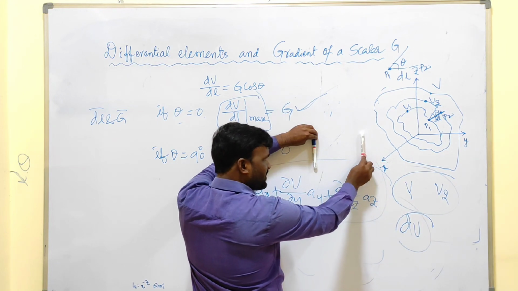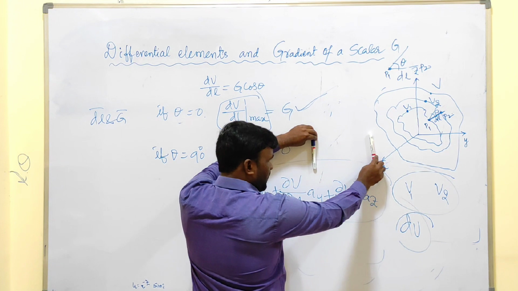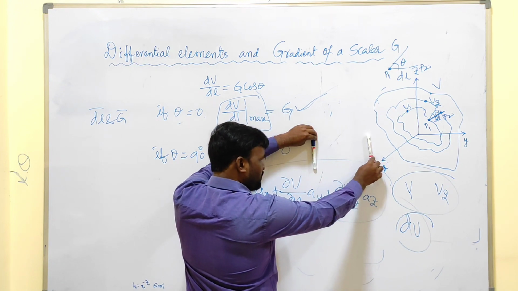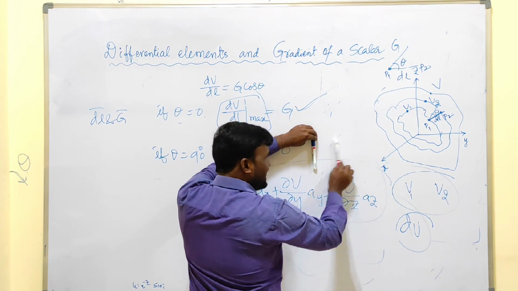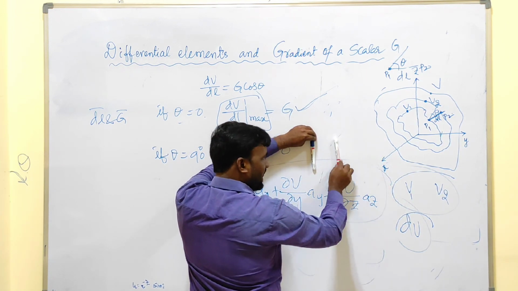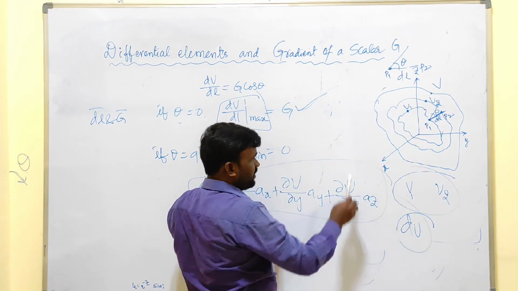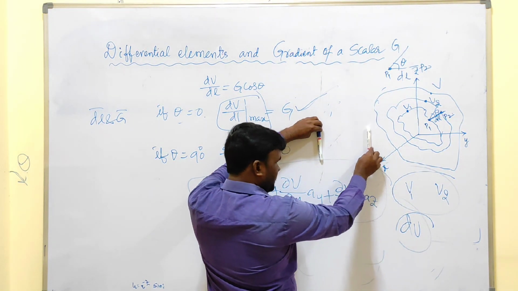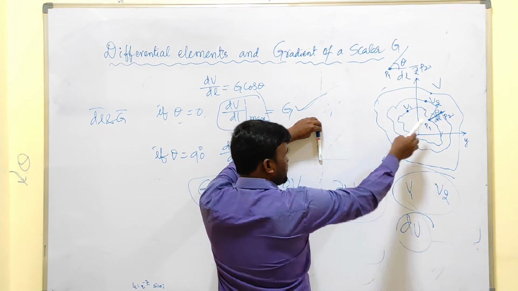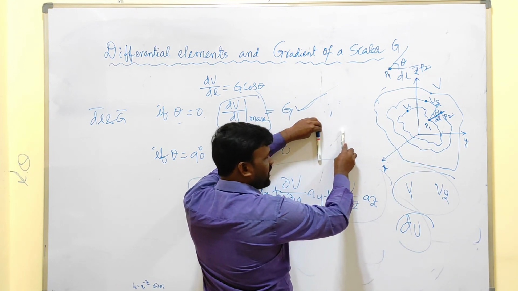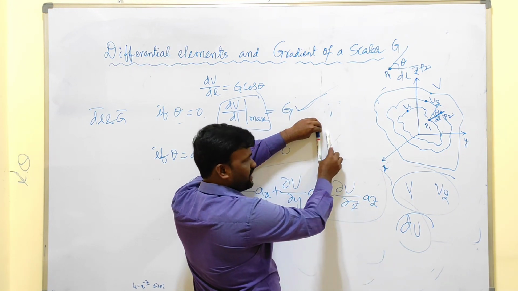If it is coming in this direction, that means temperature is increasing. Here it is displaced from this point to this point. That means the displacement is dl. The movement of this object is like this, that is dl. The angle between the displacement and gradient is zero, so in this case we will get the maximum temperature change for this object.